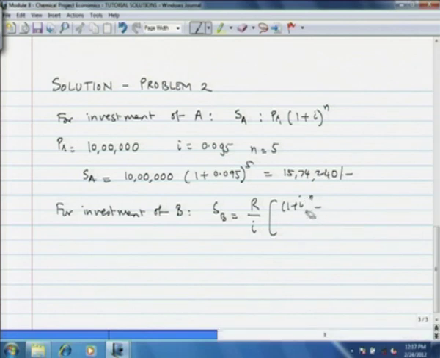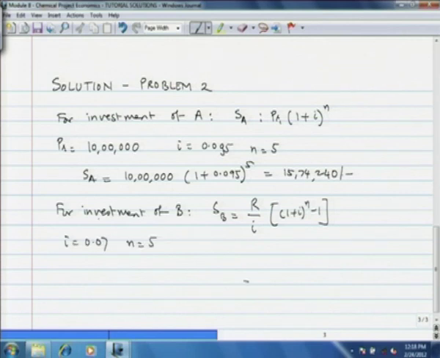Okay. So, this formula we have derived earlier. We substitute values here. I is 7% interest rate, n is 5.